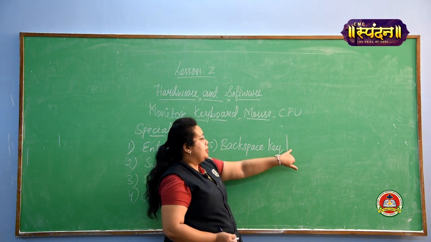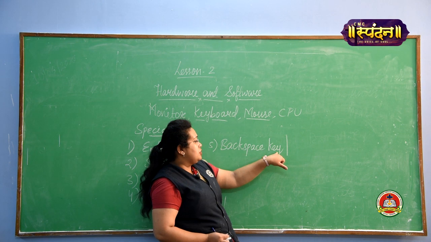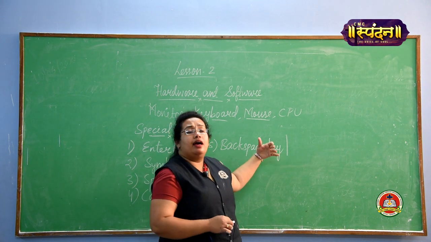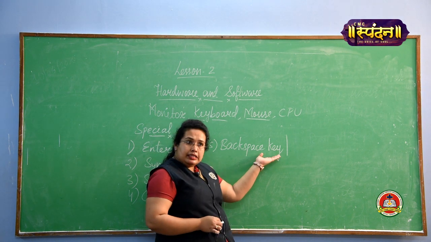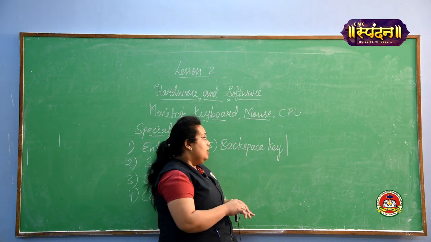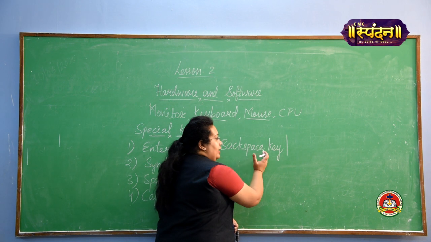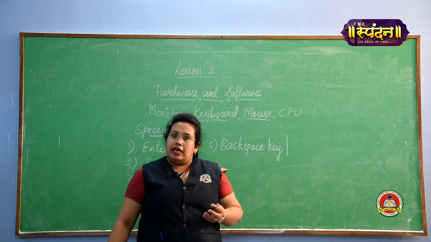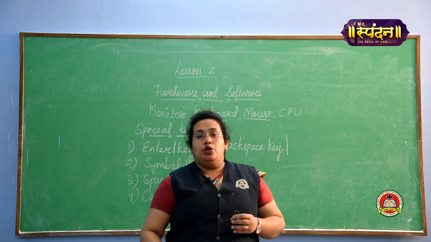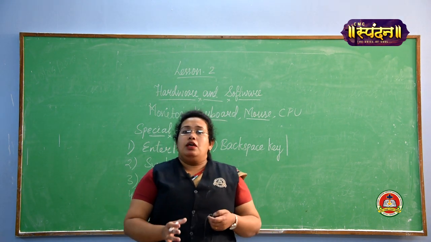If this cursor is present on this place and by mistake in place of Y I have written G, and I want to erase it, I will press the backspace key. The cursor will move back and erase this letter, and again I can type a new letter. So in this way the backspace key works.